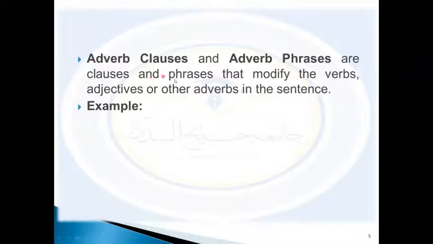So here we think of the adverb and it can be what? Adverb clauses or even adverb phrases. And we can say both of them modify the verbs, okay, or adjectives or even adverbs that are used in some sentence.